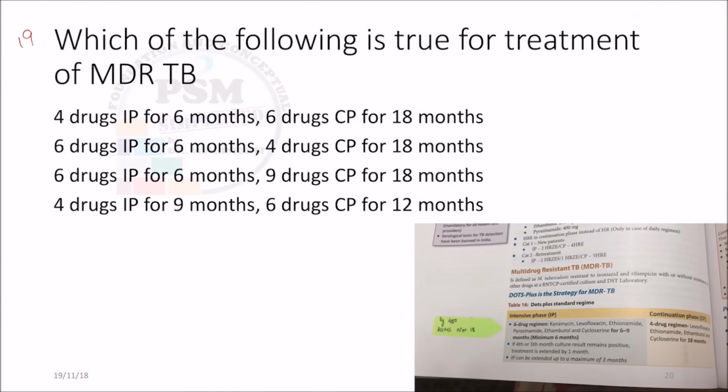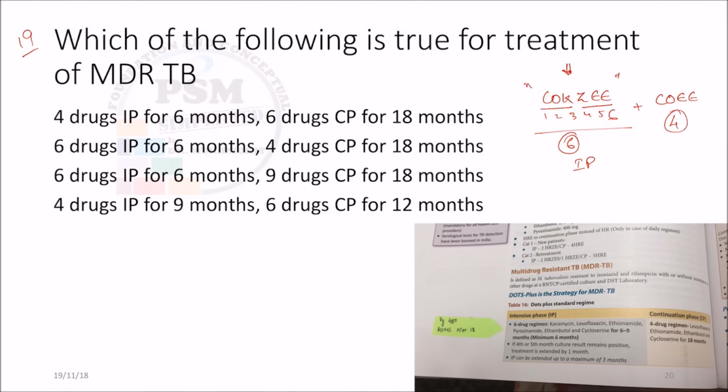Question number 19. Which of the following is true for the treatment of MDR? All the students attending my class, you will be able to recall my formula for COGZ. How many drugs do you see in COGZ? You see 1, 2, 3, 4, 5, and 6. So I would say 6 drugs we give as intensive phase, plus we give COEE, COE, and this is 4 drugs in the continuation phase.